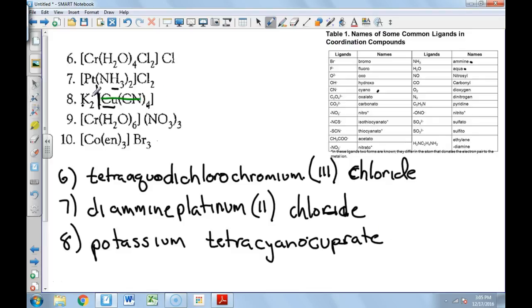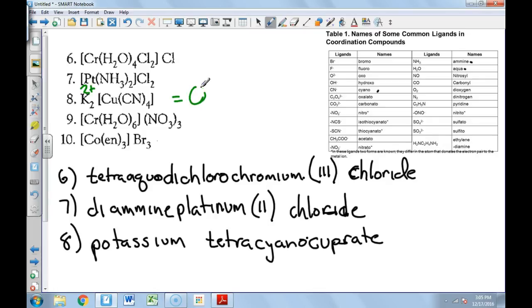Now, the last thing that we have to do, as always, is make sure that we have the charges figured out. So potassium is a 1+. There's 2 of them, so the overall charge on the positive side is 2+. The total has to be 0, because it's a compound, it has to total 0. So this is 2+.